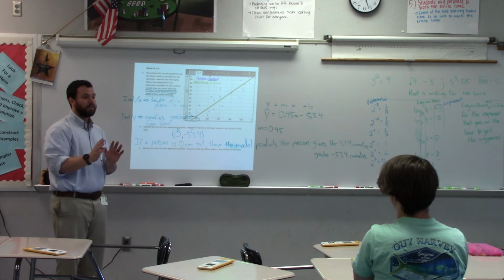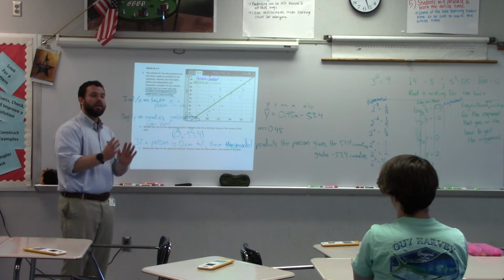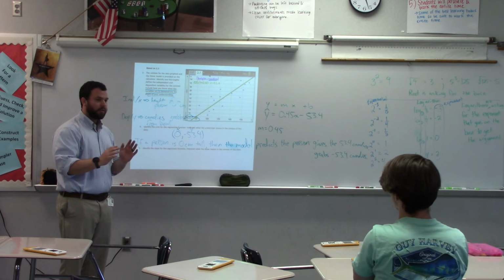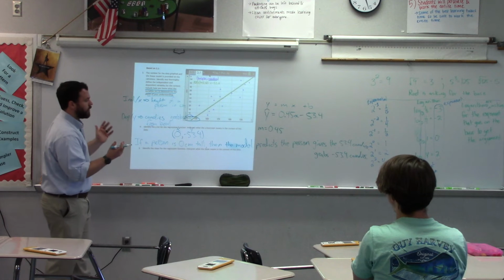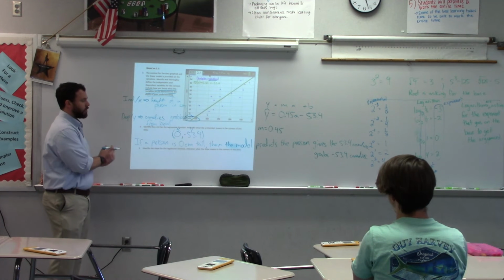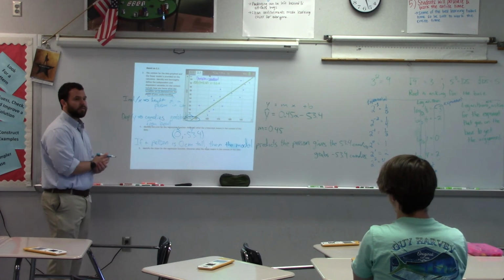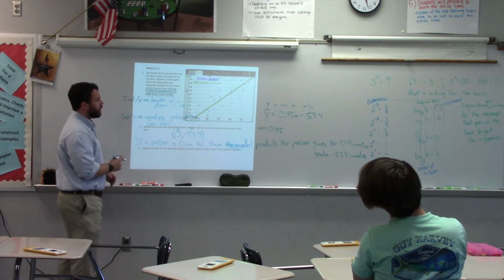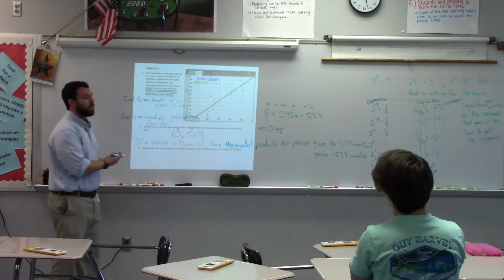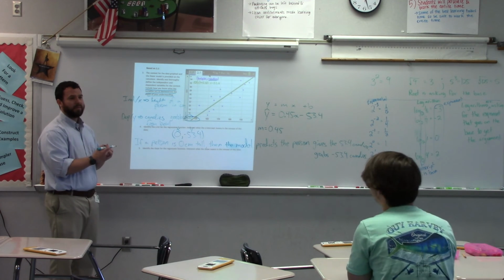So the y-intercept as a whole in this problem doesn't make a ton of sense. And that's okay, we're not determining whether it makes sense or not, we're just interpreting it and getting practice interpreting it. It doesn't make any sense because this cannot happen. And this is one other thing to pay attention to: you don't really want to go too far outside of your data set.